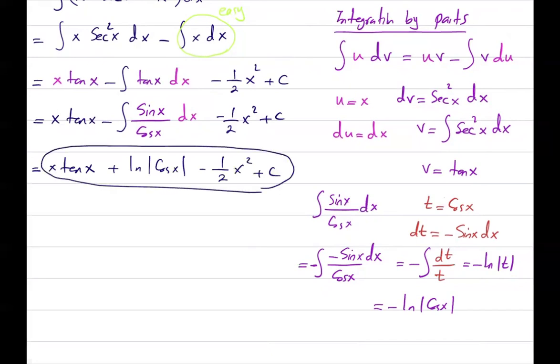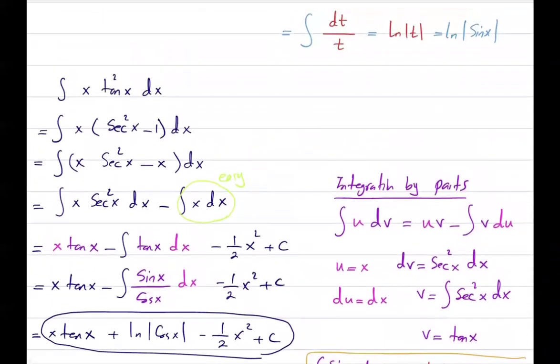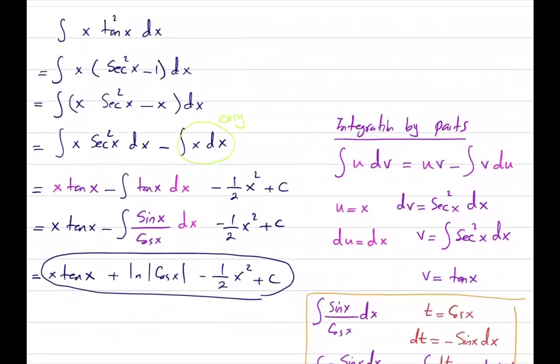So we initially broke the integral down into smaller pieces. It was x times tangent squared of x. We wrote down secant squared of x minus 1 for tangent squared. Then we distributed x into the parentheses.